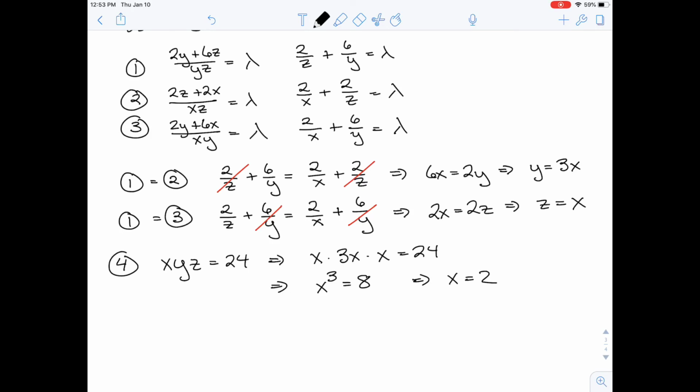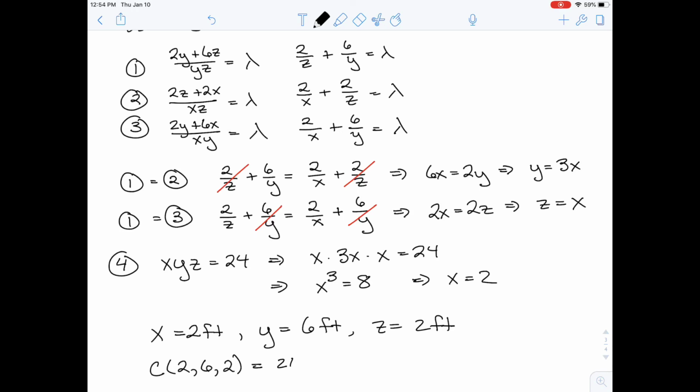So now I see that x is 2 feet, y is 6 feet, z is 2 feet, and the cost of doing a 2 by 6 by 2 box is going to be 2 times 6 times 2 plus 2 times 2 times 6 plus 6 times 2 times 2, which equals $72.